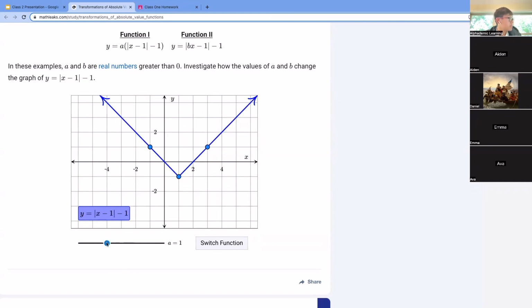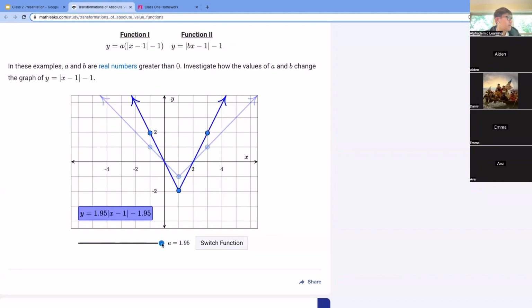But then when A is plugged in, look at the three dots. You can see how the three dots go from their original resting position and get stretched out vertically. Remember that A is in charge of vertical stretch or shrink.